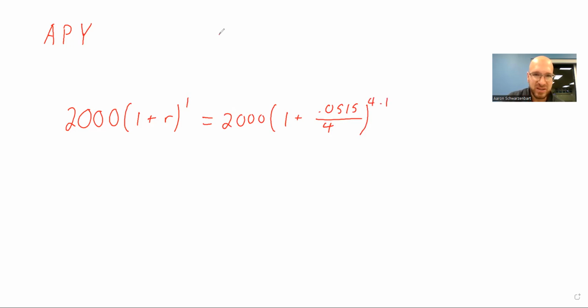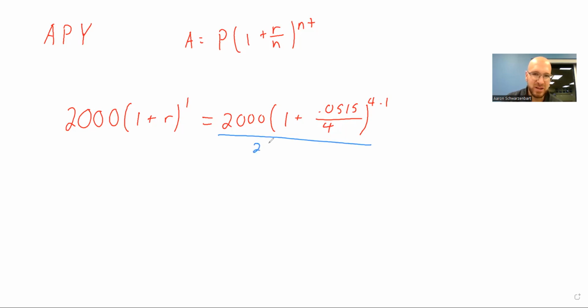Again, I'm using this equation. The N was 4. P is my principal initial amount. My other side, N is 1, so I didn't bother writing it on the left side of the equation here. And this really nice thing happens here.